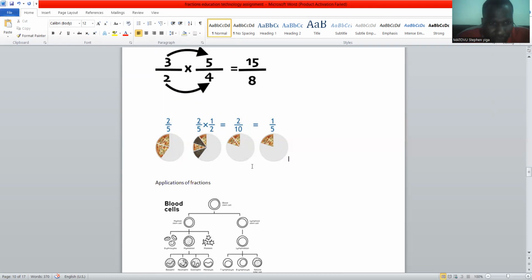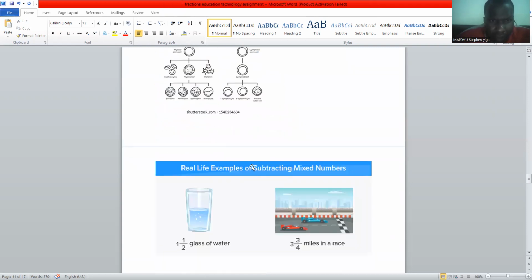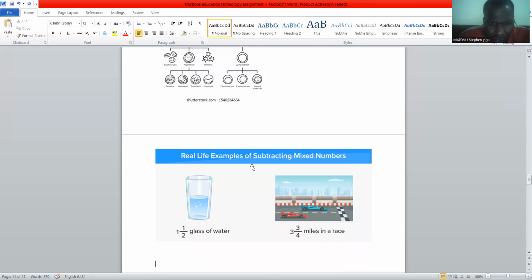Then that is where we come down to red blood cells, etc. So doctors use fractions in the division of cells, and also in giving doses of medicine. You realize that some medicine is in halves, so they have to divide all those doses, hence applying fractions.